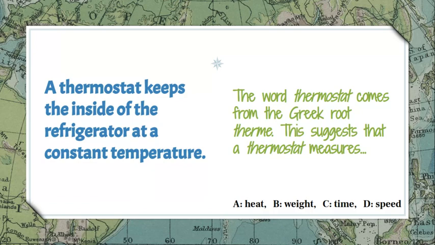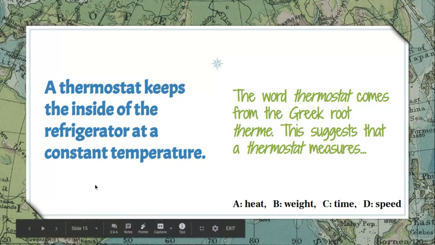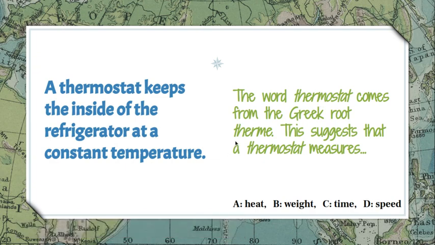The next one says, a thermostat keeps the inside of a refrigerator at a constant temperature. The word thermostat comes from the Greek root therm, Therme. This suggests that a thermostat measures what? Well, if you read the sentence again, look for a context clue, a connection with that word thermostat.